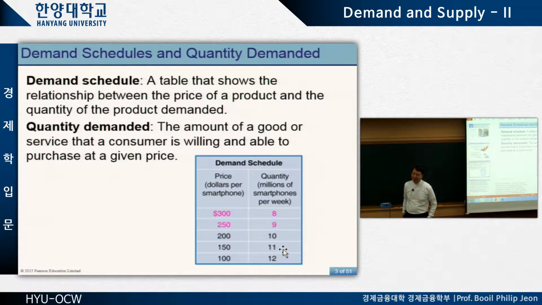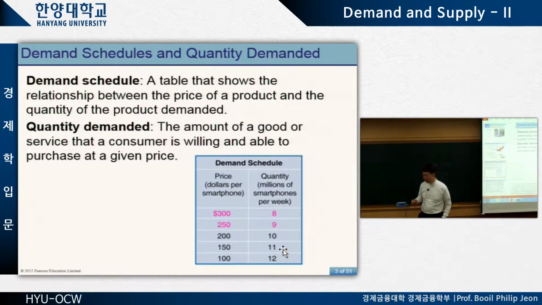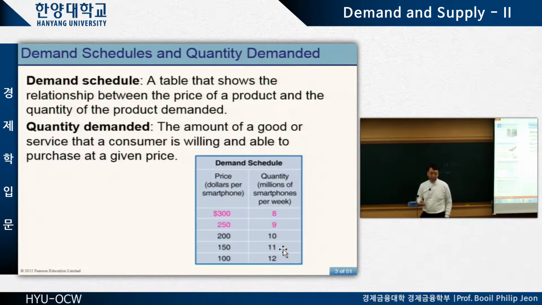In other words, demand is different from desire. People may desire lots of things, and people may want lots of things.